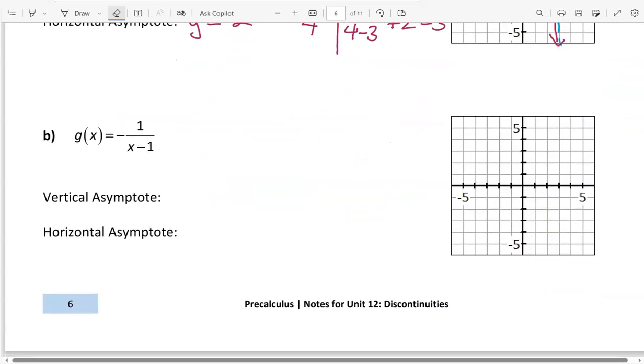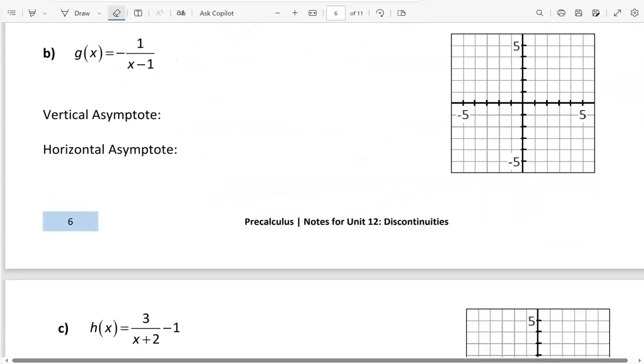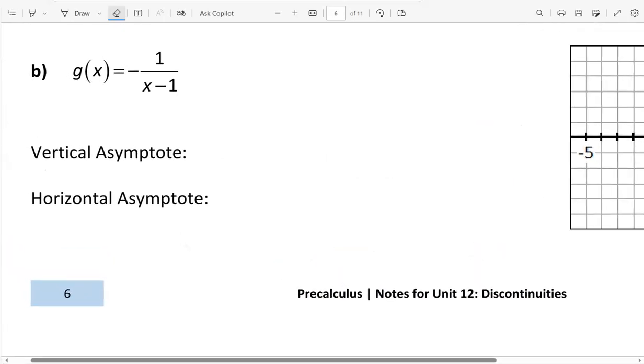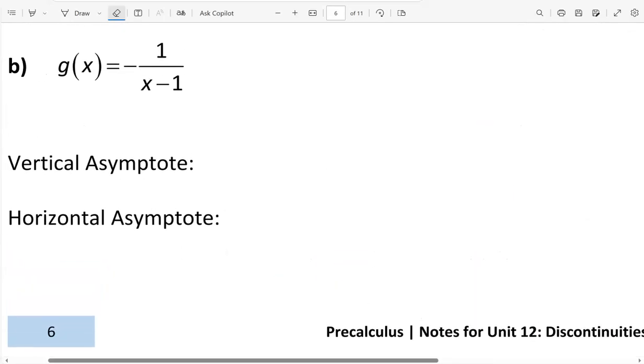All right, let's check out the example for b here. g of x is equal to negative 1 over x minus 1. Since we've replaced x with x minus 1, the graph will move 1 to the right. Since we don't have anything added to the outside of this function, we're going to move up 0.